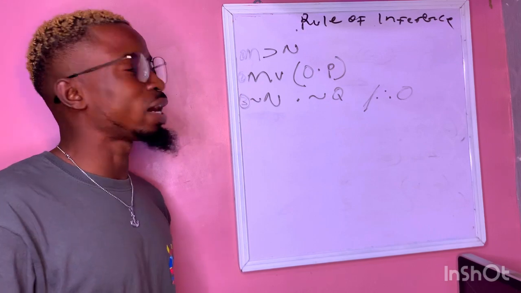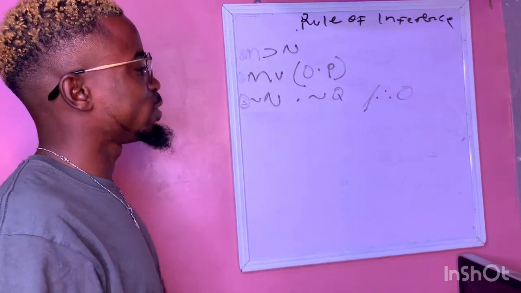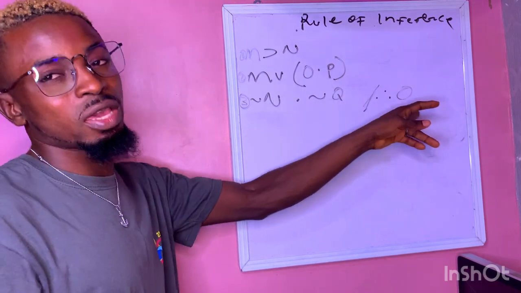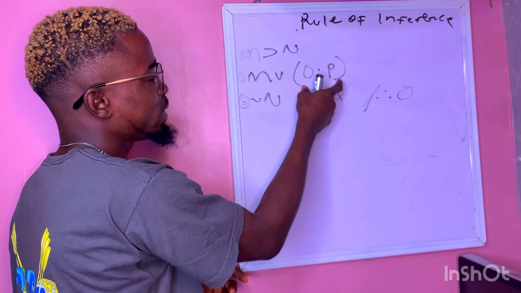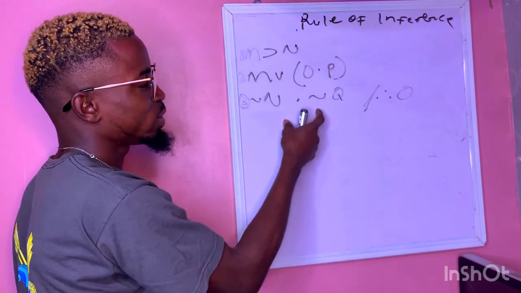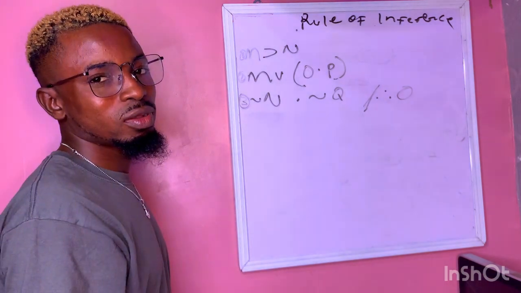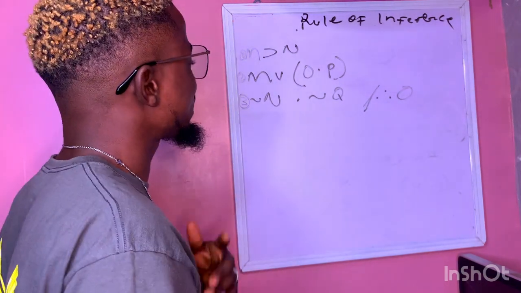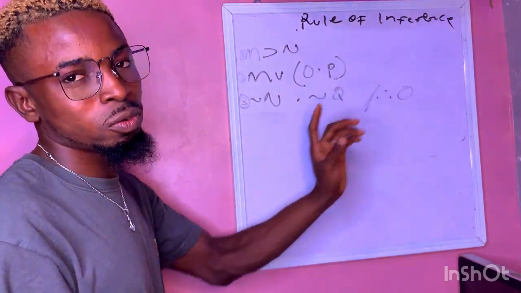The first thing you look at is your conclusion, that is, my conclusion is O. And you ask yourself, where do I have this O, and how am I going to get to this conclusion? This is where the O is. If I can find my way of bringing down this O and P, then I can use the rule of simplification to simplify the O. So you just keep applying different rules until you arrive at that O, then you will stop.